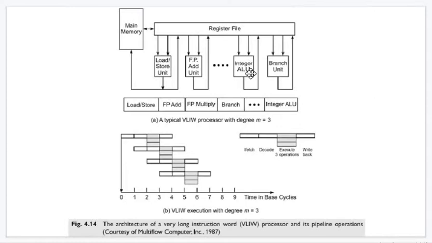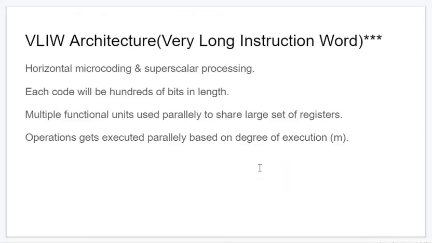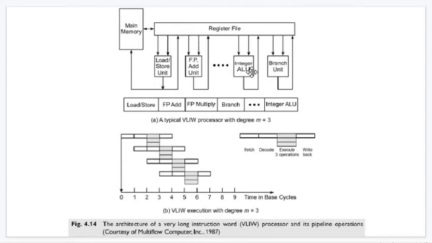For integer, it is a common ALU, which performs arithmetic as well as logical operations. Branch and shifter are separate. Generally branch belongs to both float and integer types.